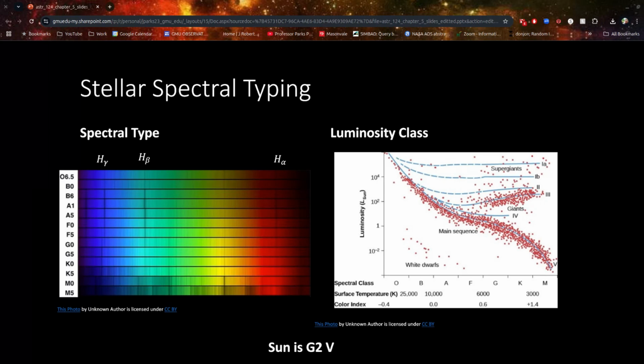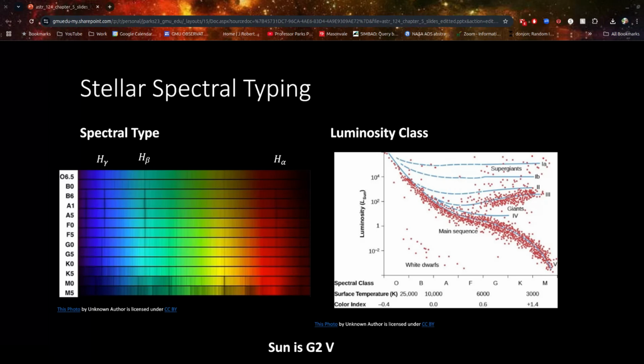What Cannon noticed, particularly if you look at where the brightest point in the spectra is, is a nice smooth shift from blue to red.